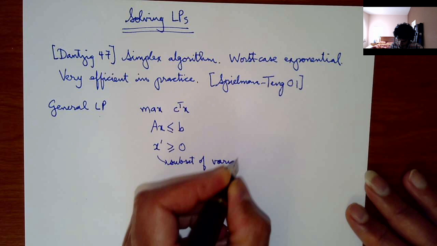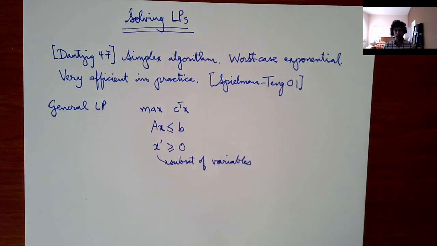I'm going to convert the general LP into a more convenient form, and then I will run the Simplex algorithm on that more convenient form, and that will simplify a lot of our discussions.